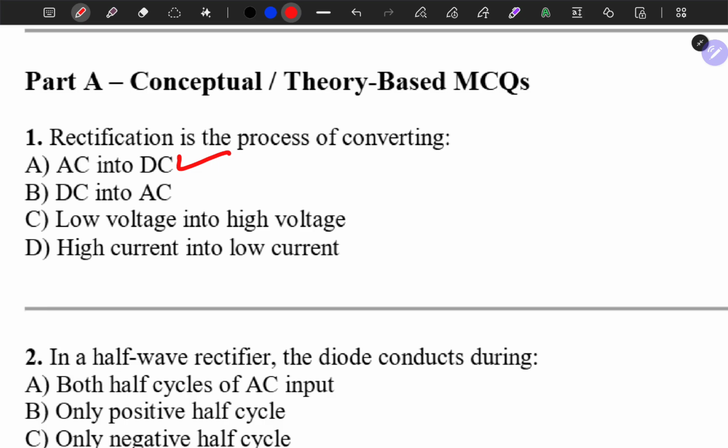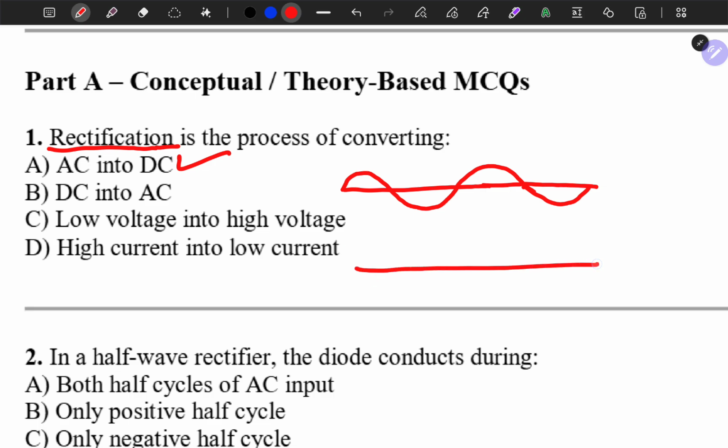Furthermore, you also need to know, because in later MCQs we will also clear this, that there are two kinds of rectification processes. One is half wave, another is full wave. Half wave is like this: if I have an input of this version, and the output in the half wave rectifier will be like this. Half of the wave we have the break.